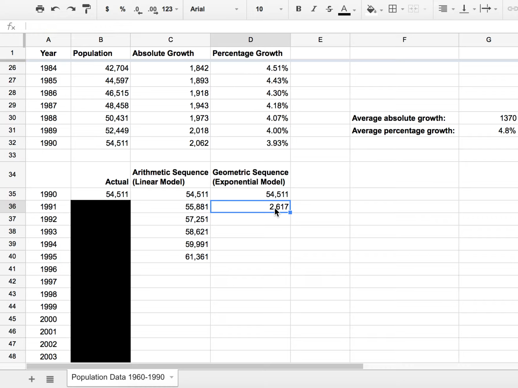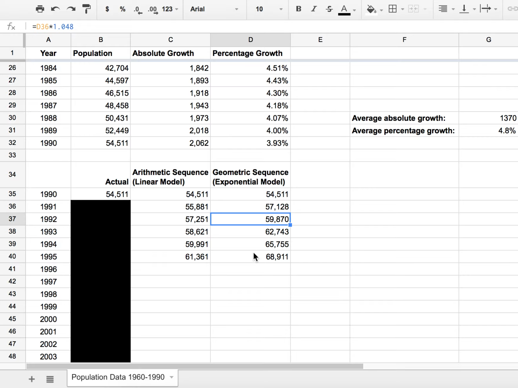So instead, we want 4.8% growth. We want 104.8% of the previous number. So we want to include the original and grow a little bit more. So we're going to need to multiply by a number greater than 1. Sure enough, we've got it here. When we multiply by 1.048, I can continue that on down. I can keep doing that.